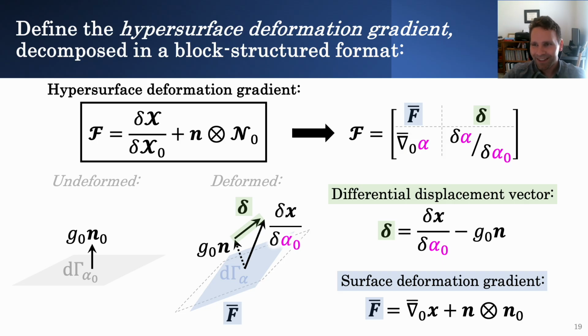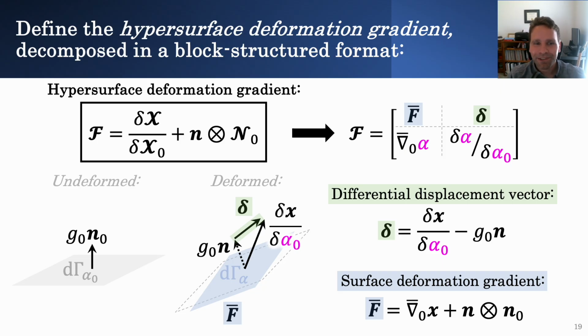So in some sense, that gives you a description of not just the change in normal distance between two surfaces, but the slip, which can be used in formulating things like frictional contact models and so forth.